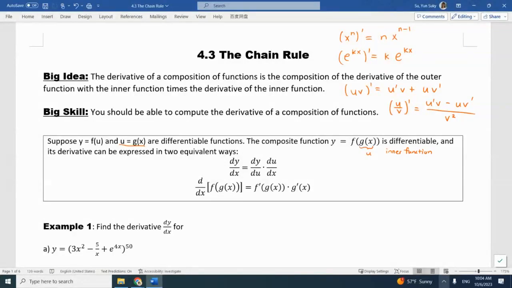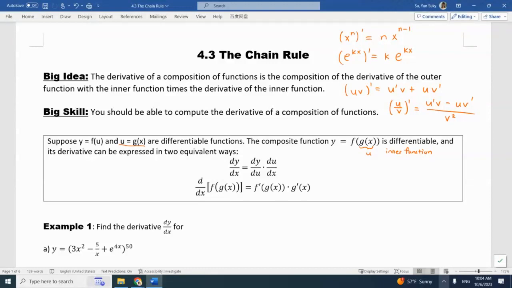Then dy/dx is dy/du times du/dx. Look at this formula. Do you see you have du in the denominator and du in the numerator? If you cancel them, you just get dy over dx back, right? So from the formula, it kind of makes sense. This is the chain rule, okay?